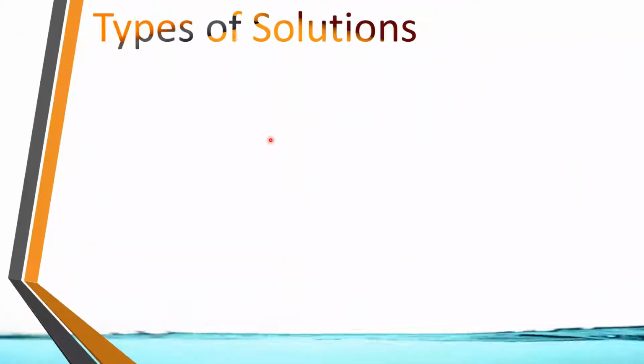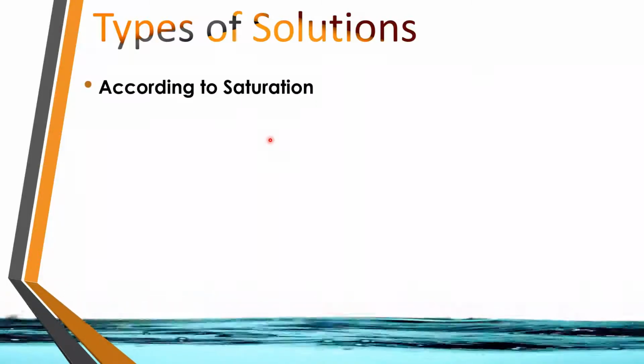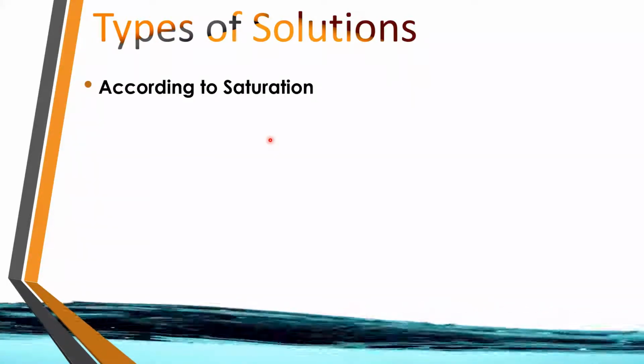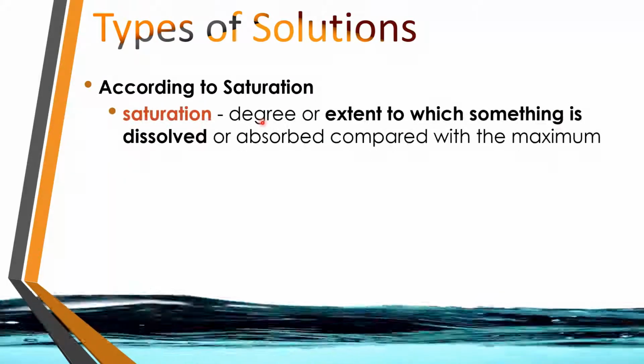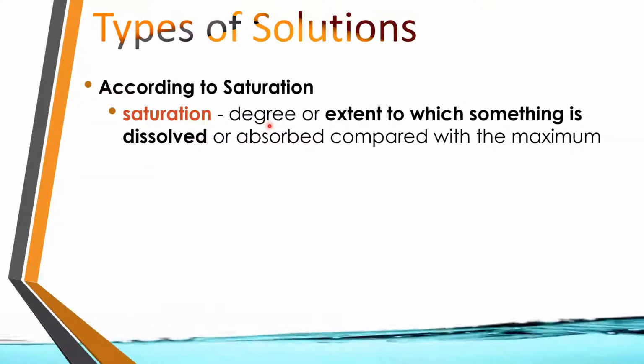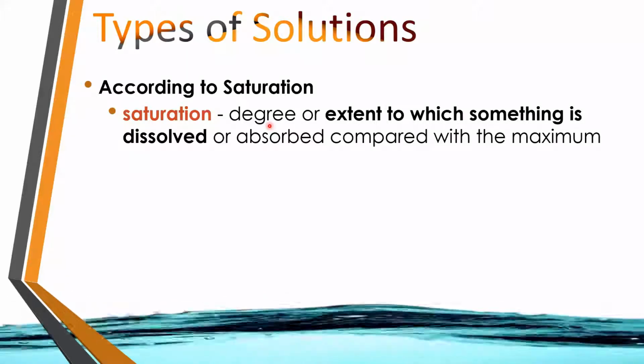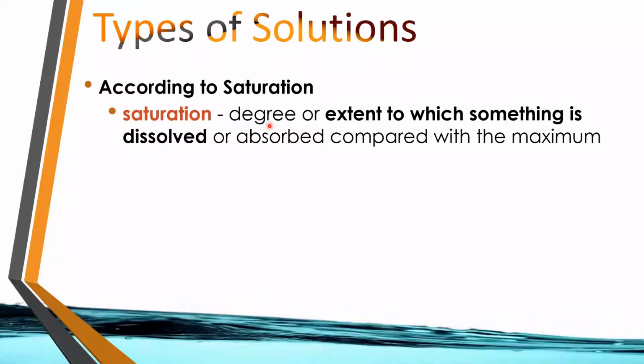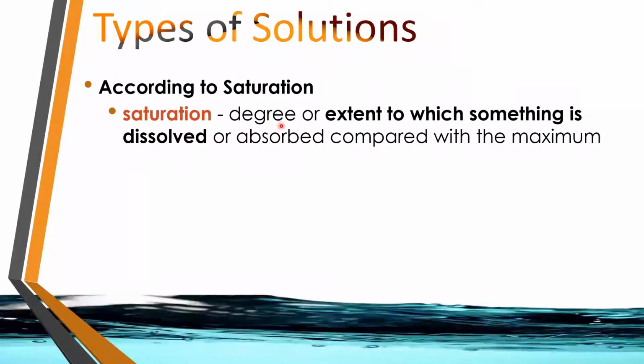Let's proceed to the third way of classifying solutions, which is according to saturation. Remember that saturation is known as the degree or extent to which something is dissolved or absorbed compared with the maximum.